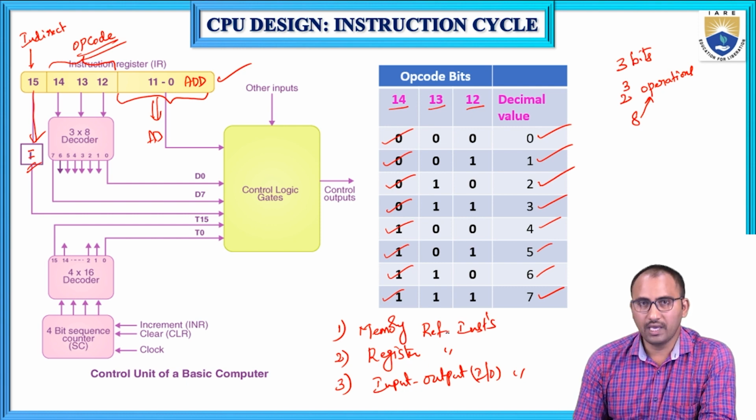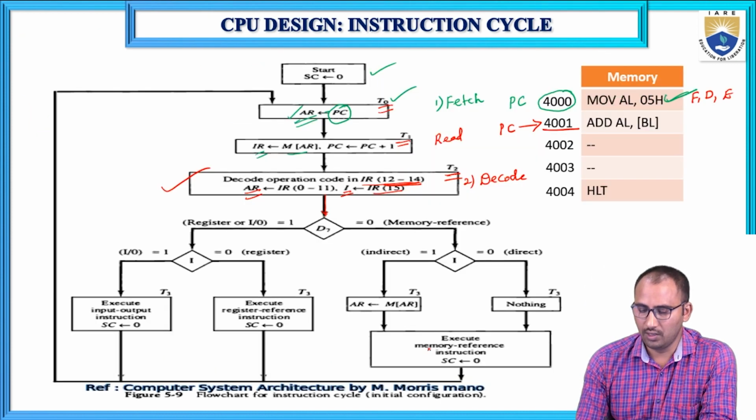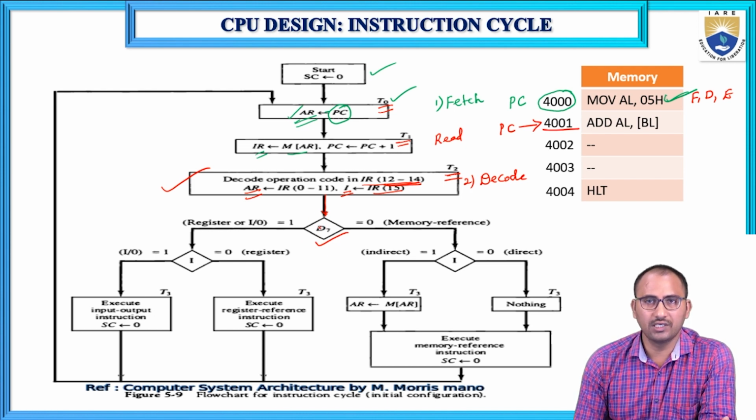How are we differentiating these instructions? By checking the D7 bit. See here, this is D7. Based on D7, we classify whether the instruction is a memory reference, IO reference, or register reference instruction.